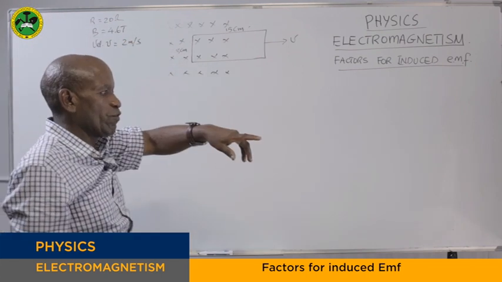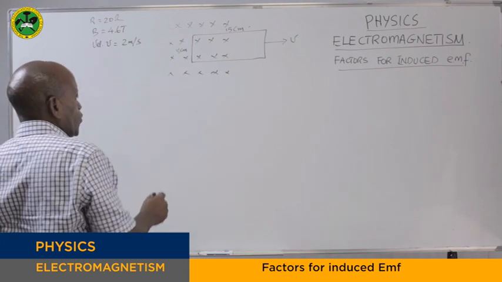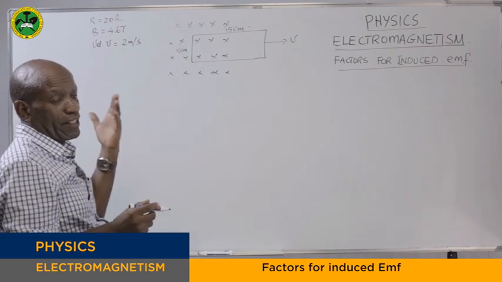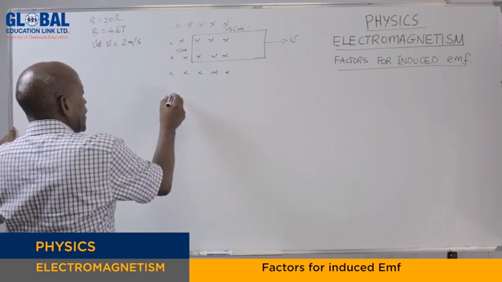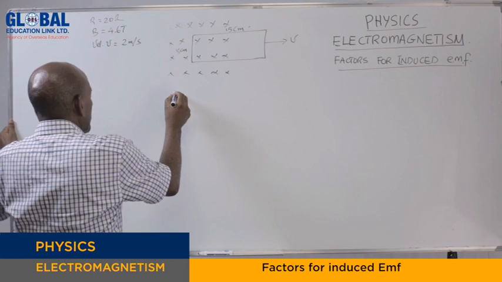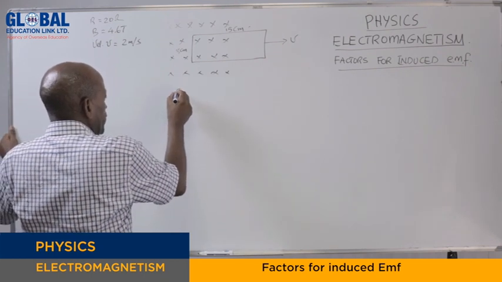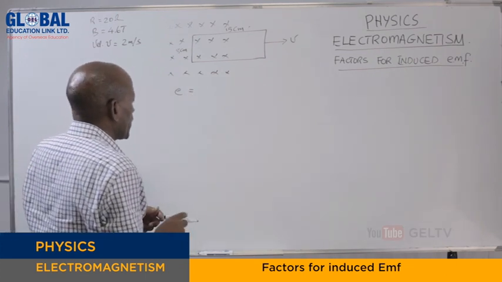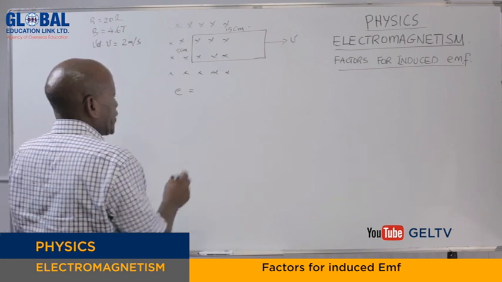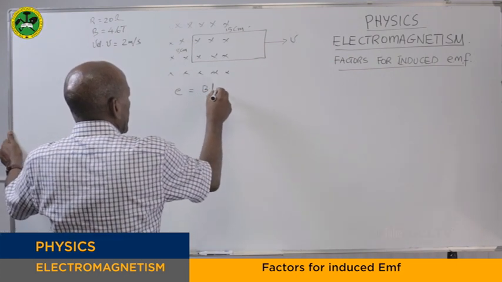We need first to show that the power needed to move this loop is given by that expression. From what we already derived previously, the EMF E is equal to B times L times V.